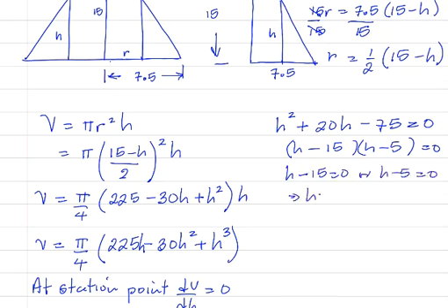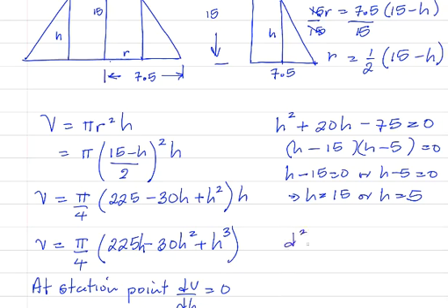Therefore h is equal to 15, or h is equal to 5, and these are the stationary points where you have a maximum and minimum. Let us determine which value of h is going to give me maximum volume. To do that, let us do the second derivative test.